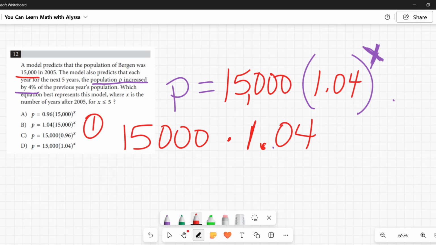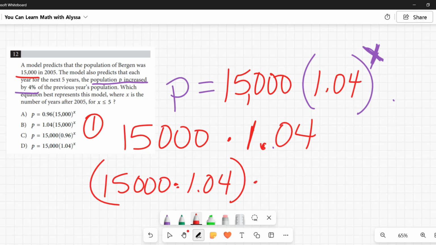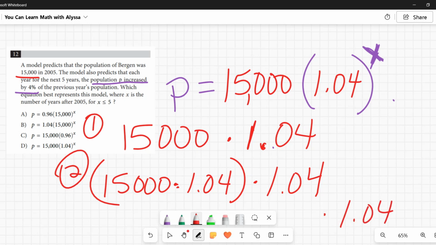Then the second year, I take my result that I got when I multiplied 15,000 by 1.04. So the second year, I would multiply it by 1.04 again. That's the second year. Then the third year, I would take that and I would multiply by 1.04 again. So it's essentially, I can remove these parentheses because it's all just being multiplied.